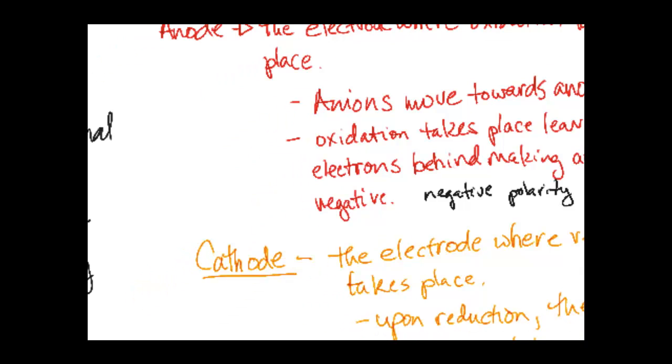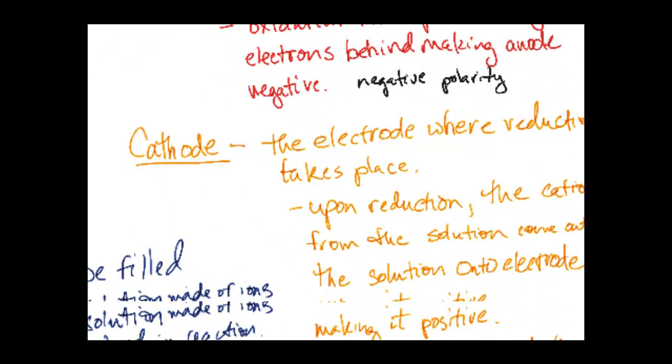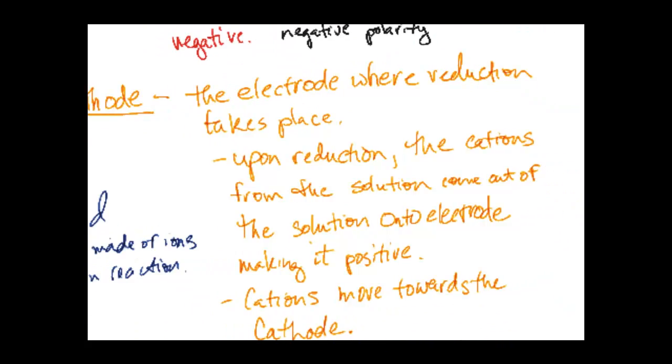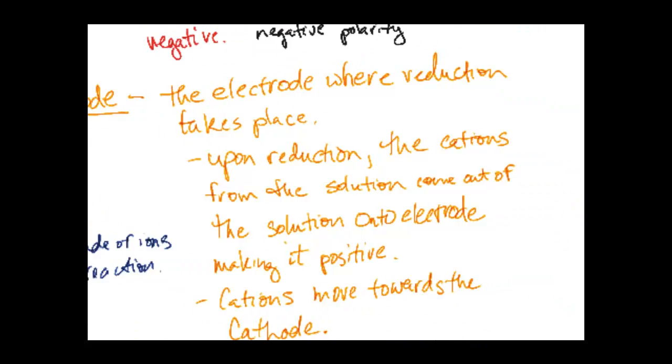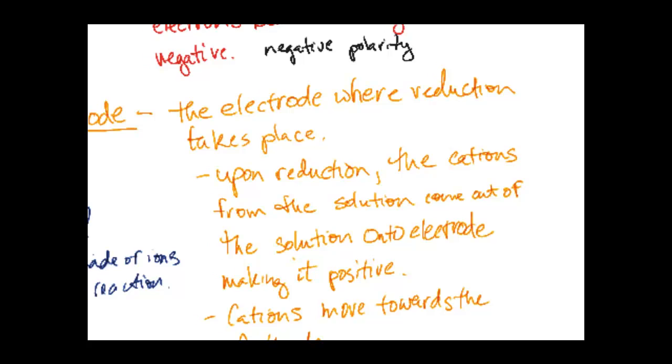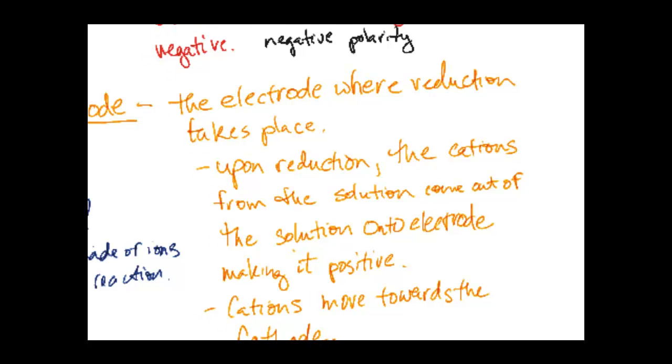Okay, and the cathode is going to be where reduction takes place, and upon reduction, the cations come out of the solution onto the electrode, making it have a slightly positive charge, or a positive polarity. And cations are attracted to the cathode.